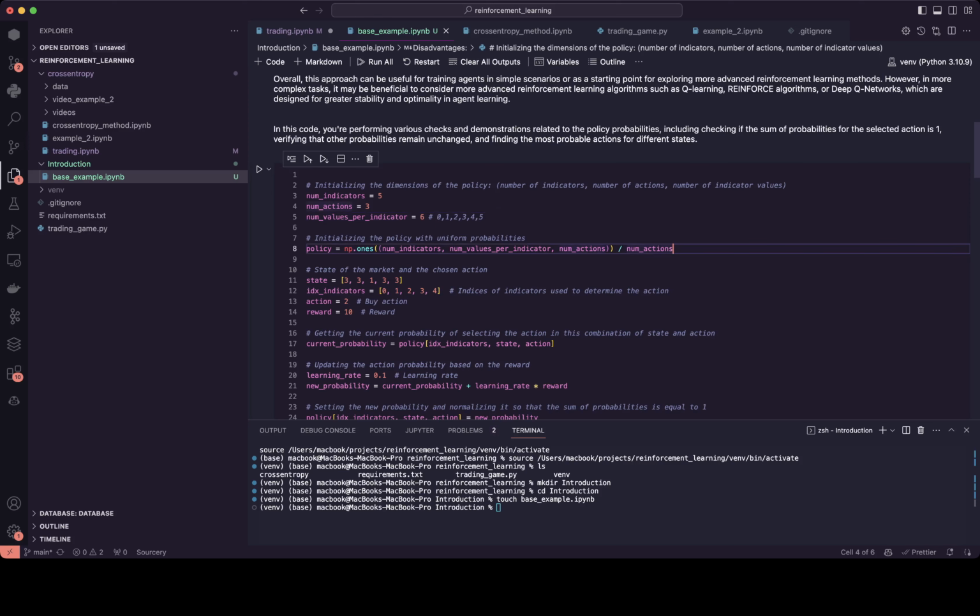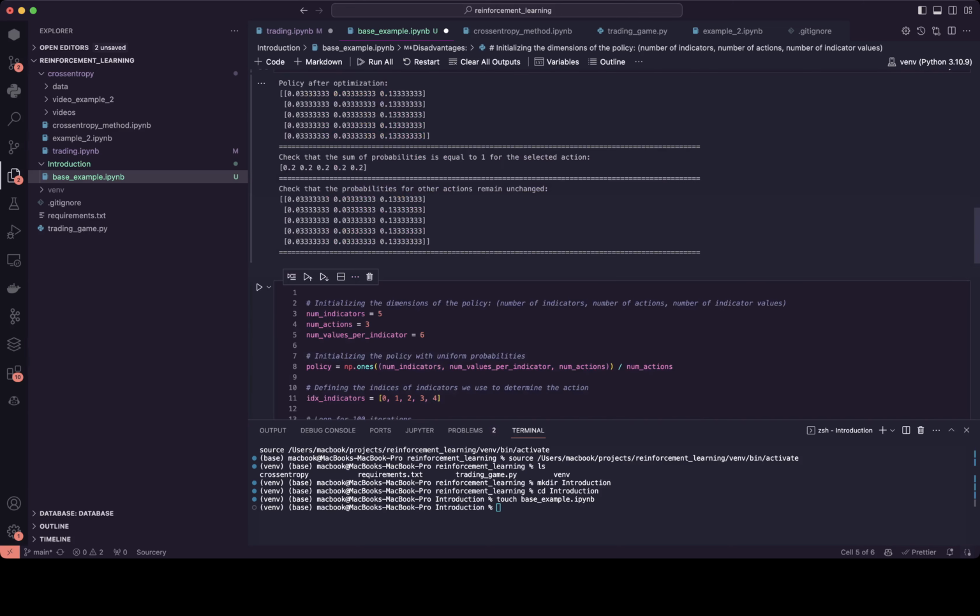So, for example, this one would be the number of indicators, this the number of values of indicators, how many values could be there. And this one would be the number of actions, and I would like to use only 3 actions. But of course, if we use more indicators, more different values, and more actions, our matrix would be really big.